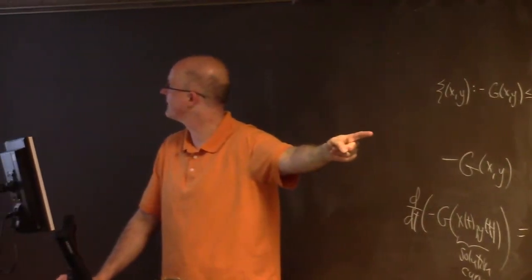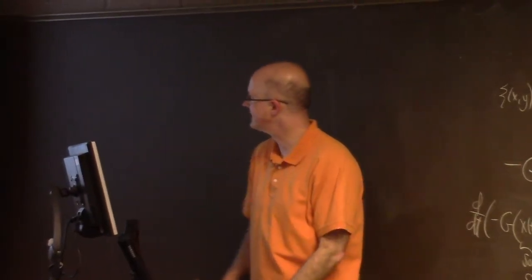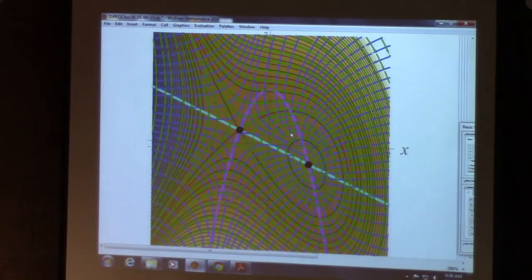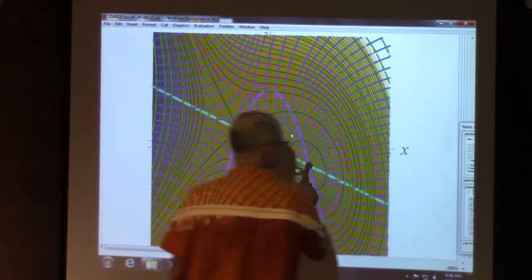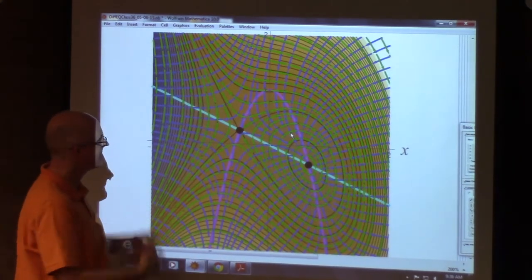So in this code, I'm going to switch the StreamPlot here for the gradient system to having negative signs in front of f grad and g grad. So the solution curves, the blue ones, are going to go in the opposite direction now. And this one has become a sink now instead of a source. That's still a saddle. Solutions are going in the opposite direction.